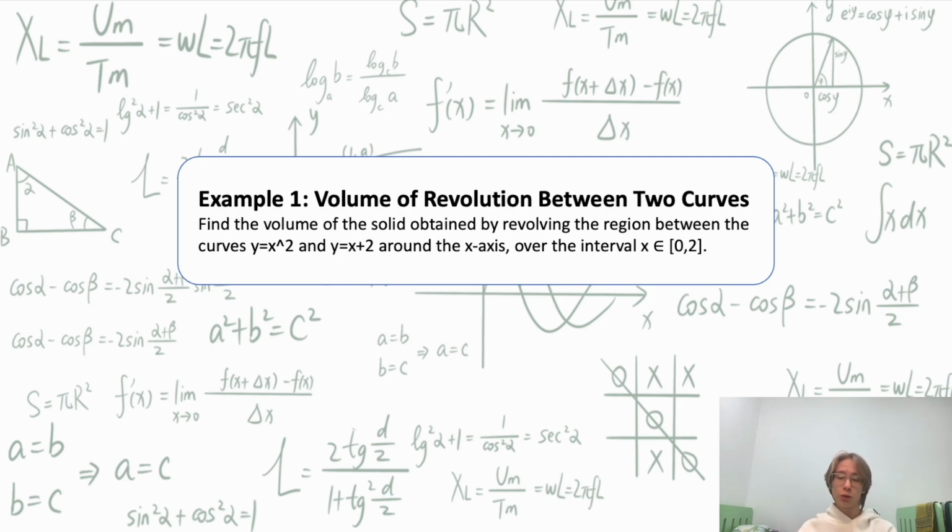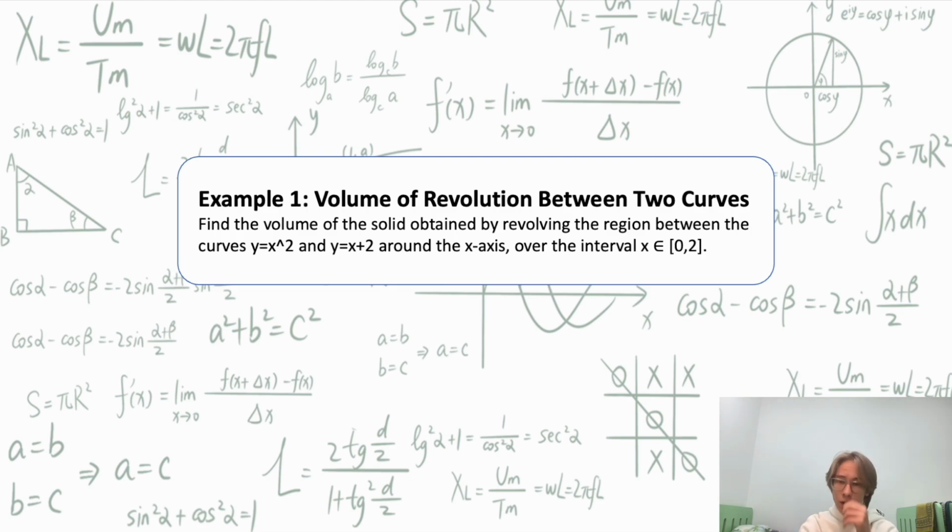The volume of revolution between two curves. It's an interesting question and represents how to use the washer method. We have to find the volume of the solid obtained by revolving the region between the curves y equals x squared and y equals x plus 2 around the x axis over the interval x from 0 to 2.